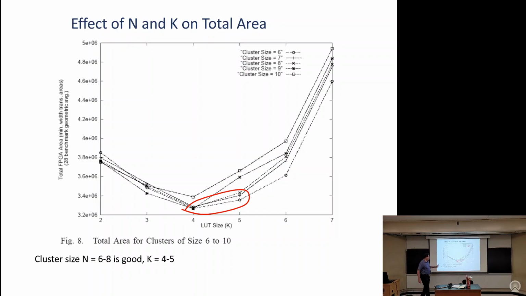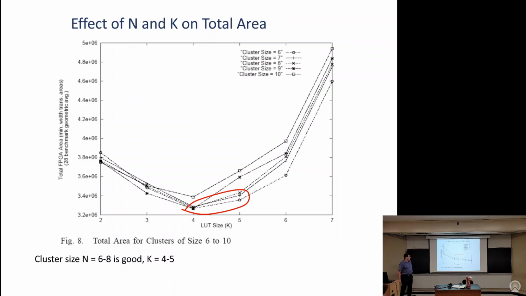So we get a pretty broad minimum. LUT size of 4 is probably the best, 5 is reasonable, and you want reasonably large clusters. These trends aren't obvious, right? You have these competing trends, and there's a lot of complicated things happening here. So you really can't predict this without a CAD flow.